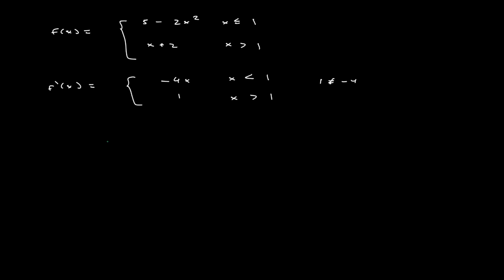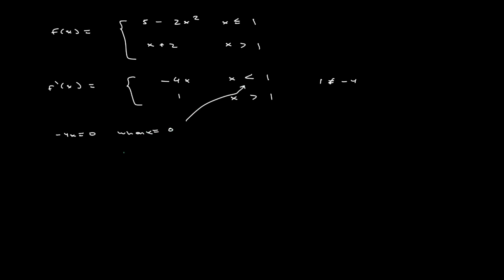And so to find the critical points, we know that on the interval of x greater than 1, our derivative is never 0, so there are not going to be any critical points there. But -4x is equal to 0 when x is equal to 0, and that satisfies this domain constraint, so that is a critical point we're worried about.